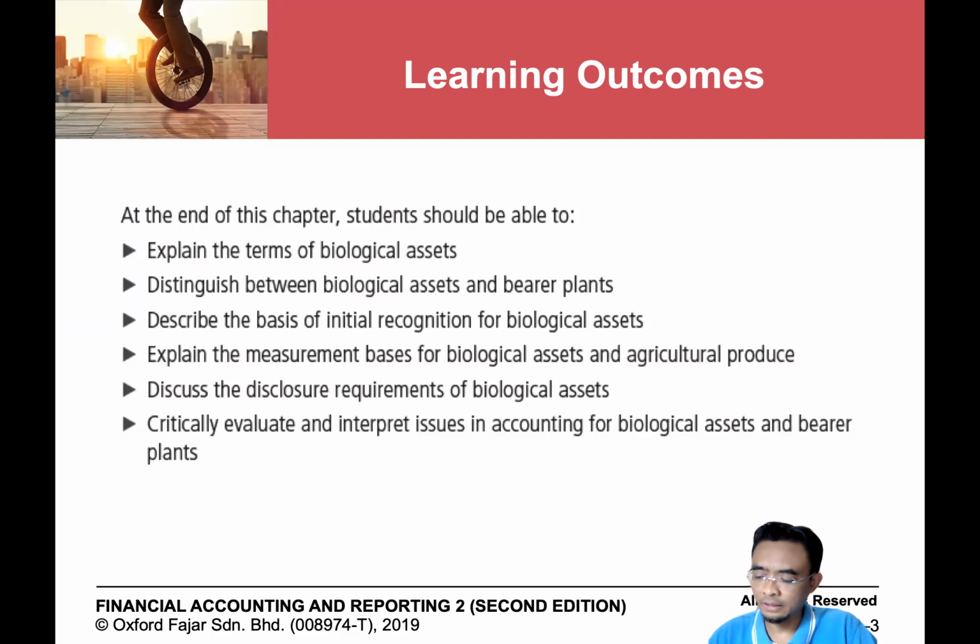So this is another type of asset that you have to distinguish from other types of assets. We have learned about investment properties, inventories, PPE, non-current assets held for sale, and so on. These types of assets are not common to all companies, unlike property, plant and equipment, which is quite common for all companies.